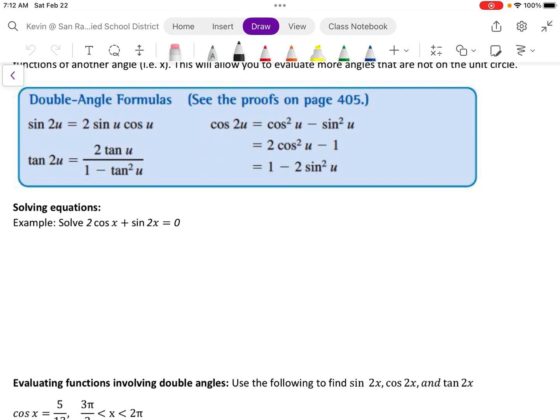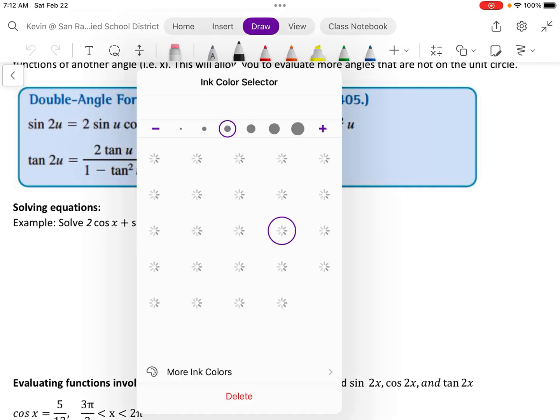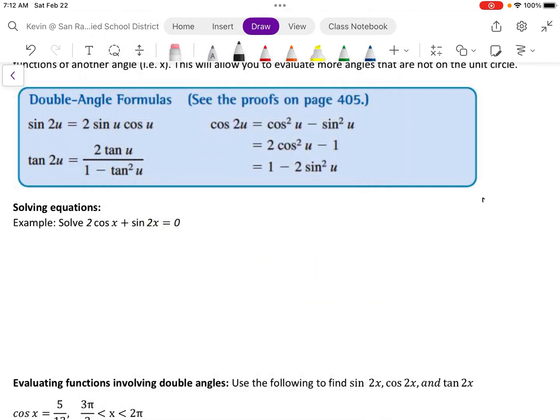And we want to be able to evaluate that angle because that angle is not on the unit circle. This is different than what we did with the U substitution. This is where the angle x or u is actually on the unit circle, and we're taking the double of it, and then we're going to look at when we take the half angle of it.